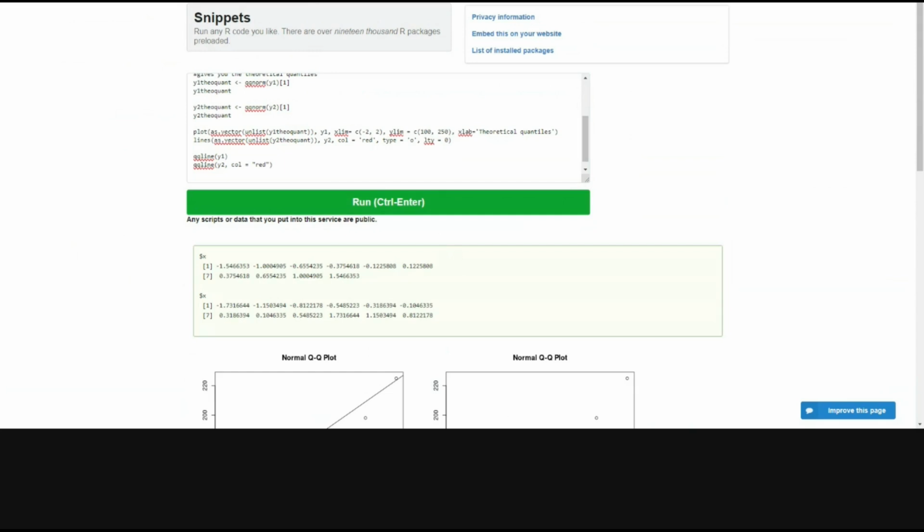Can anyone tell me why the theoretical quantiles for qqnorm(Y2) are different from qqnorm(Y1)? Anyone know why? I purposely picked a data set where the sample sizes are not the same. You can clearly see there are more values here than here.